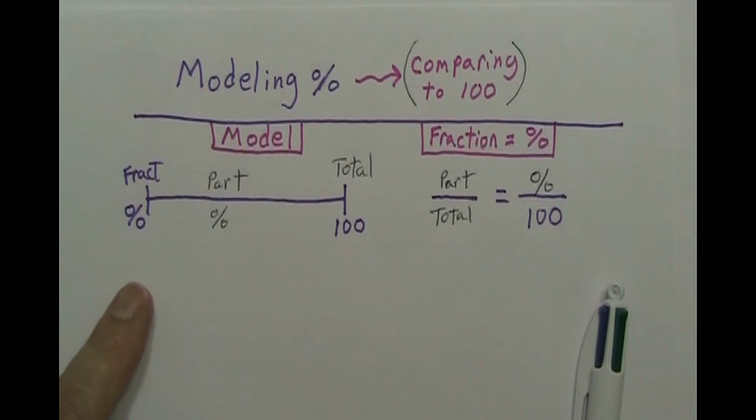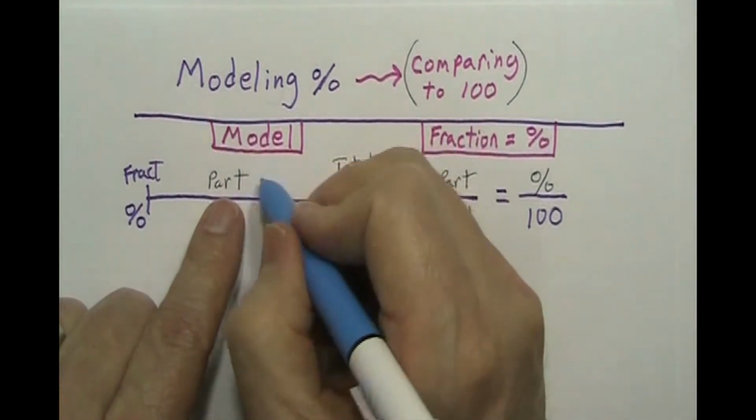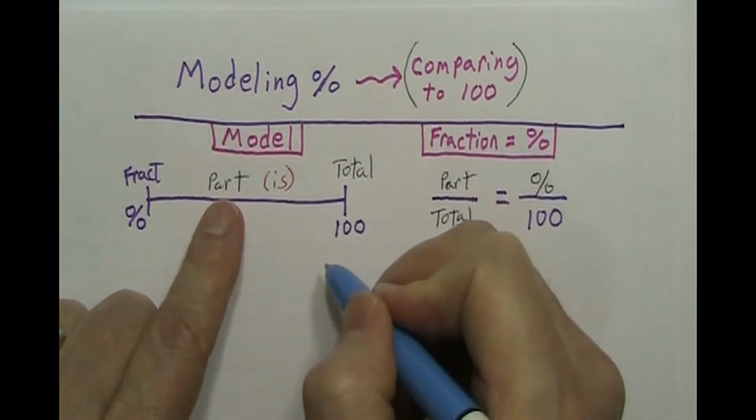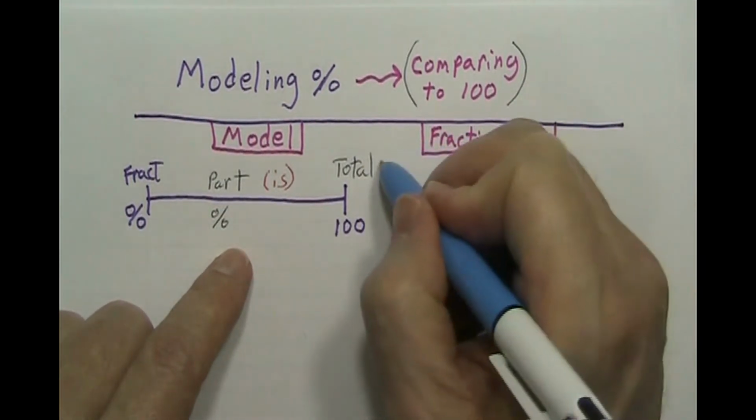Now, we do have other words. For example, the part is what we used to call the is number, and the total is the of number.